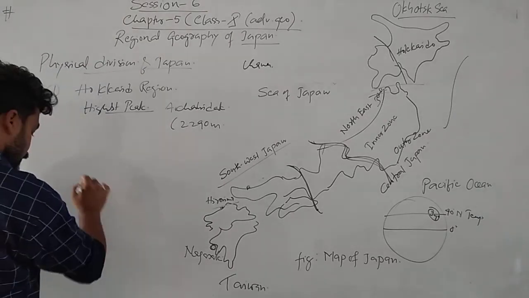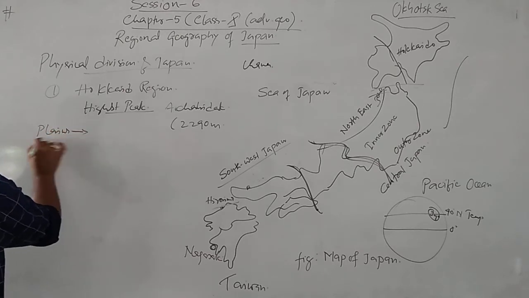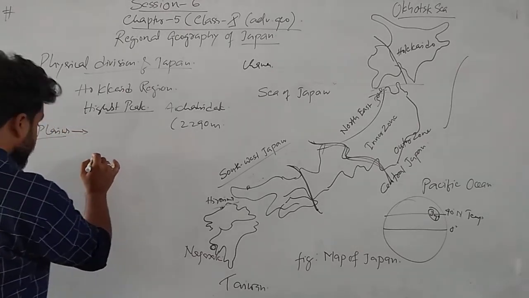Now we'll see what the plains are. Different plains are there. Among the plains, there is the Ishikari plain.